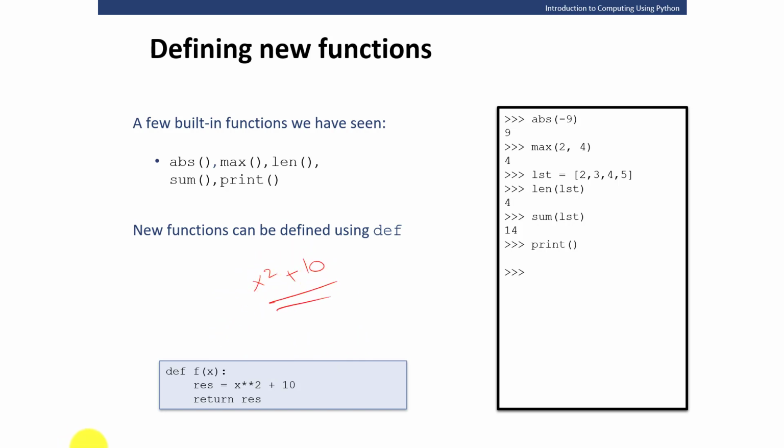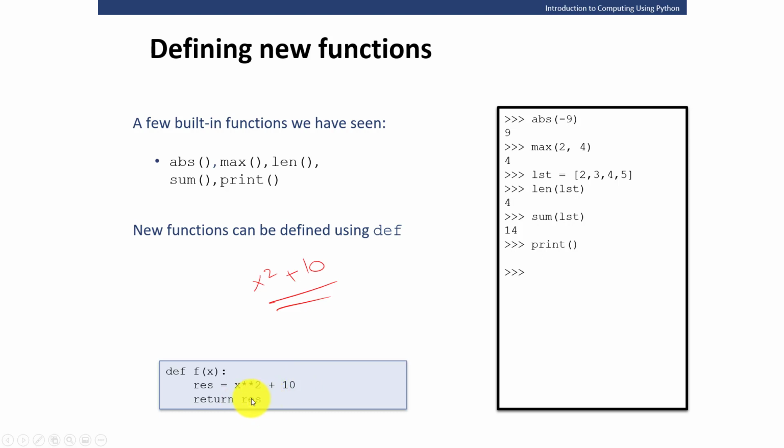That is something that is not available in the math library. The name of your function is f. The input argument is x. What is this function doing? As you can see, it's raising the number to the power of 2, adding it to 10, and then returning the result.